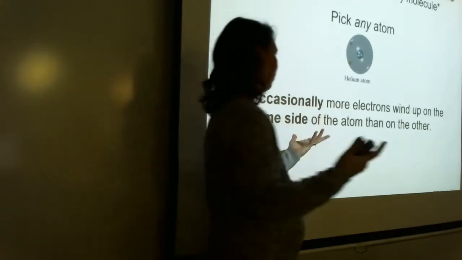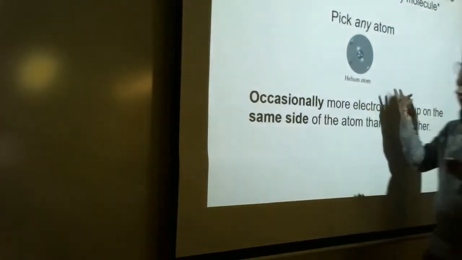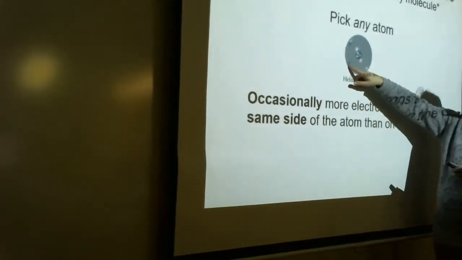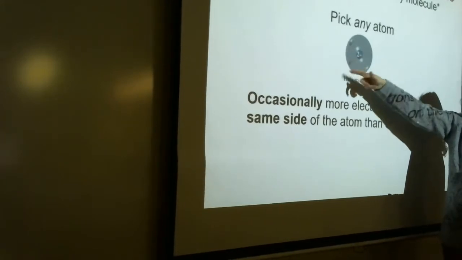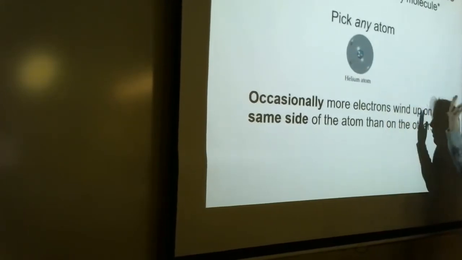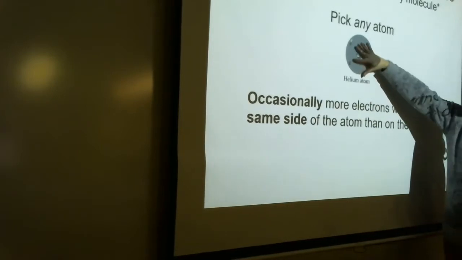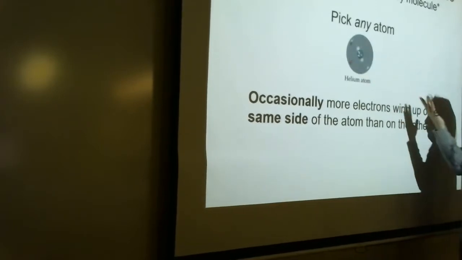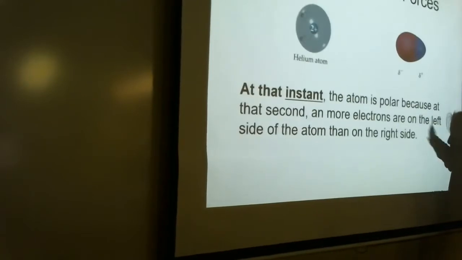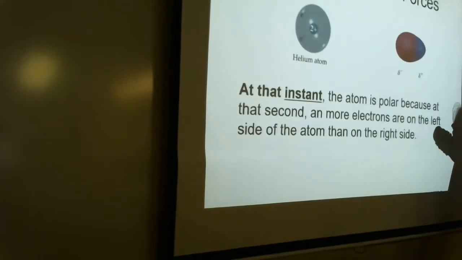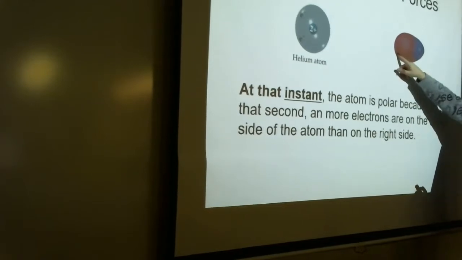In terms of simple probability, is it probable that at some point both electrons could be on the same side of the atom for a split second? Sure, that's just basic probability. There could be 2 electrons on the same side for that split second because they're going to be moving.